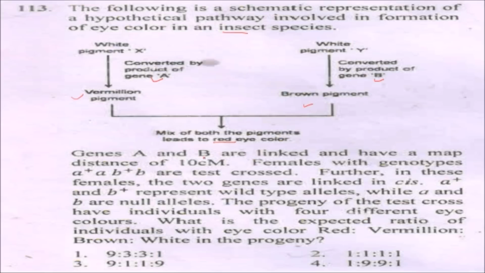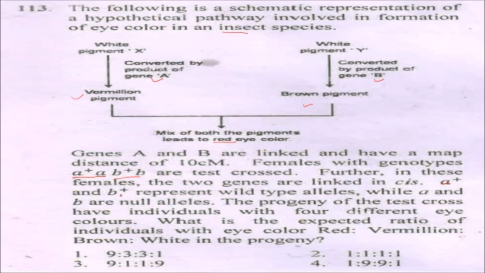Next statement, it is stating that A and B genes are linked. So there will be no crossing over between A and B. And again it is stating that the female with genotype A positive A and B positive B is test crossed. Further, in these females, the two genes are linked in cis.